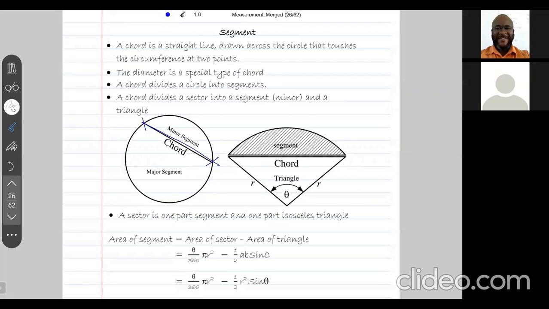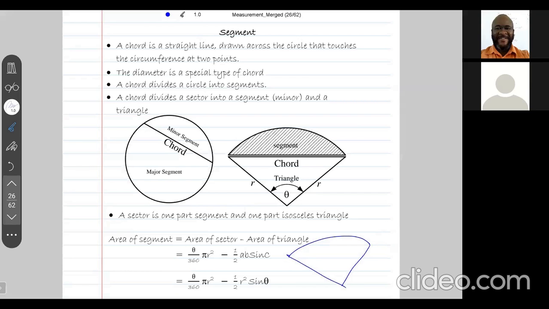So let me just show you that in action because it's important. Let us say we have a sector. Drawing it bottom right, we have a sector.